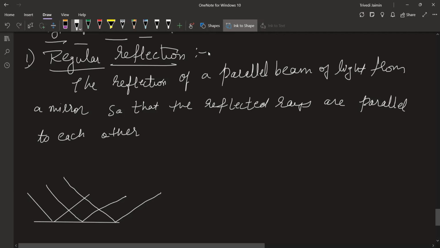I hope they are straight. This is called regular. On this surface, this is irregular.